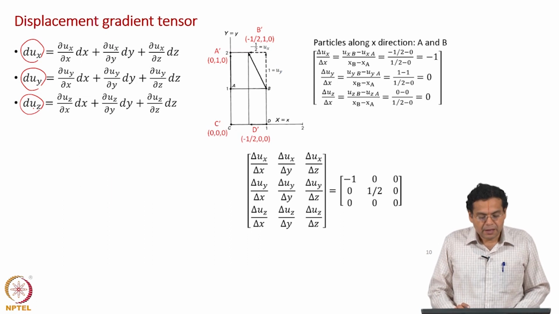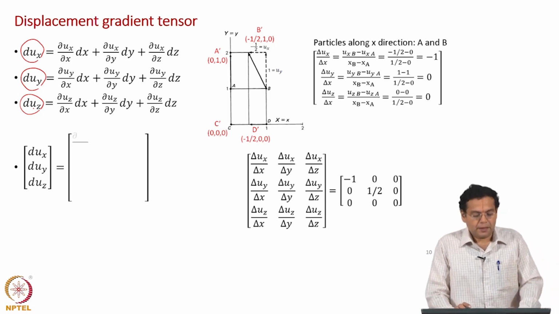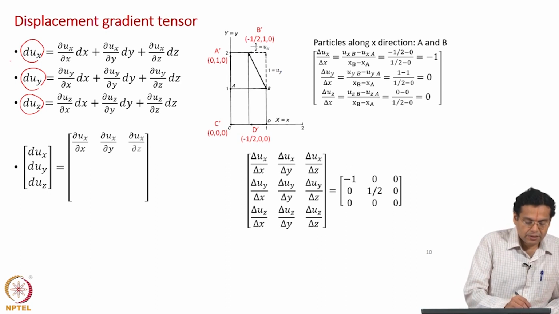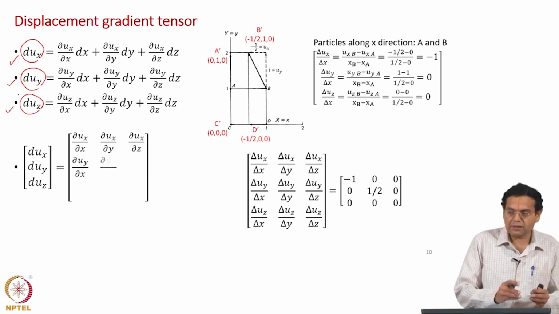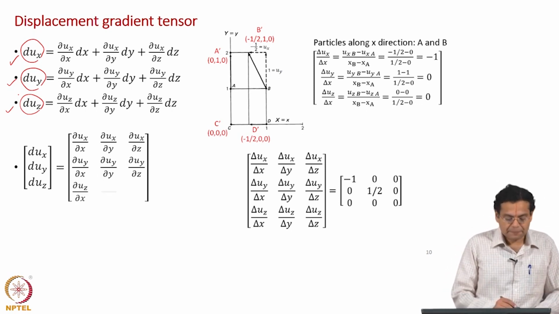Okay. Now, let us arrange this in a form of a matrix equation. Okay. I will collect all this total difference, right now it is a differential, but I am calling it as difference.